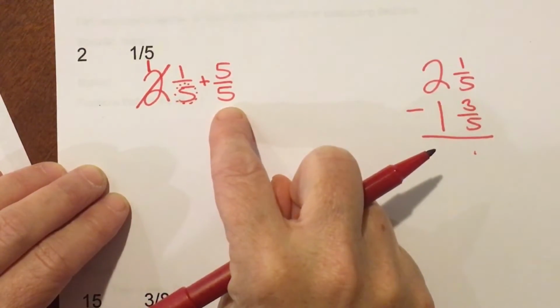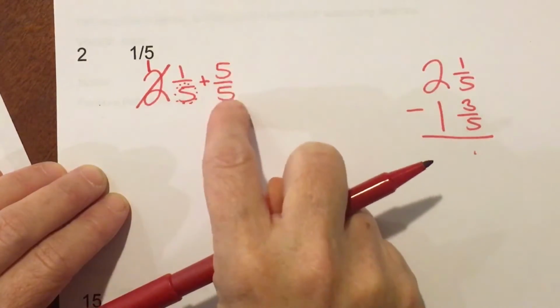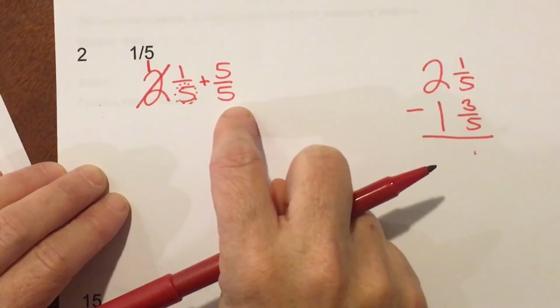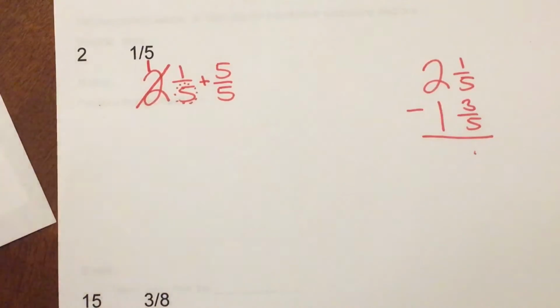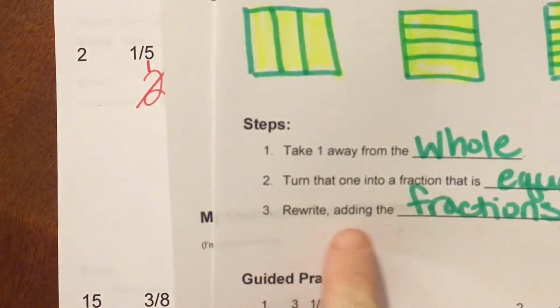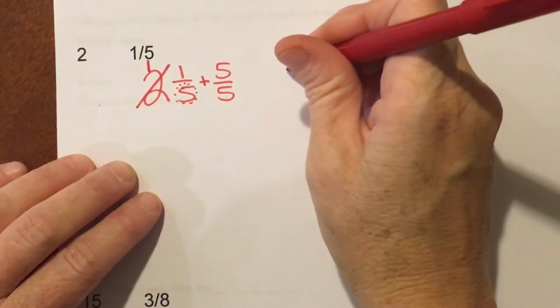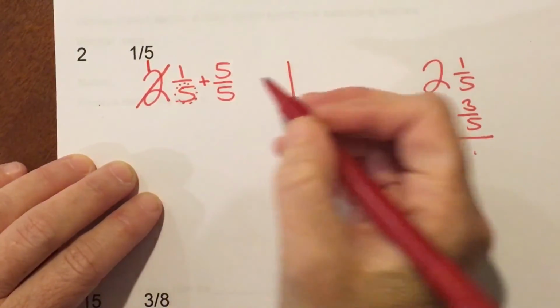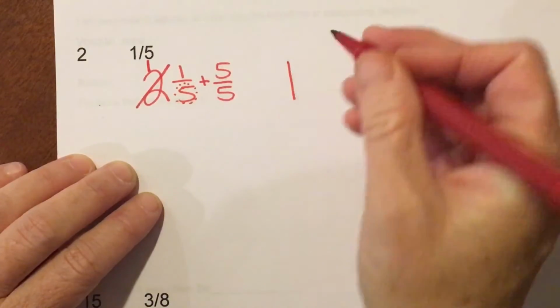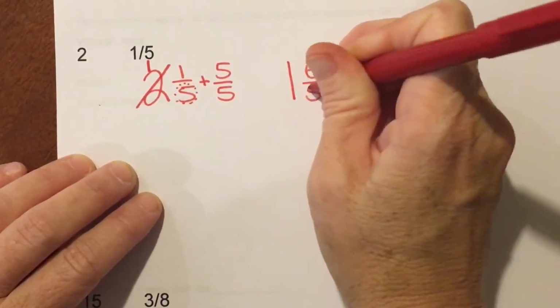It's kind of like that regrouping. I took that 1 away and cut it up just like I did with the area model. Then I'm going to rewrite, adding the fractions. So what do I really have? Now I have 1 whole and 1/5 plus 5/5 is 6/5.